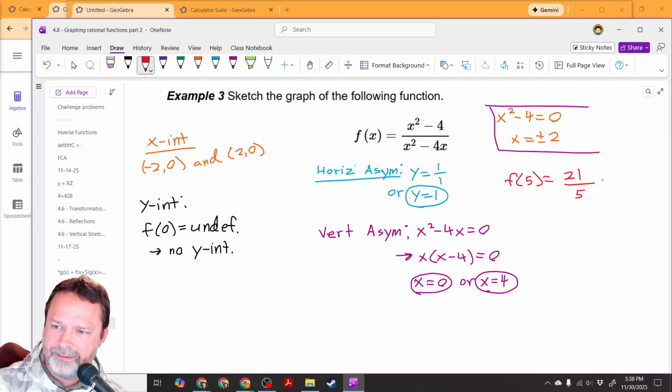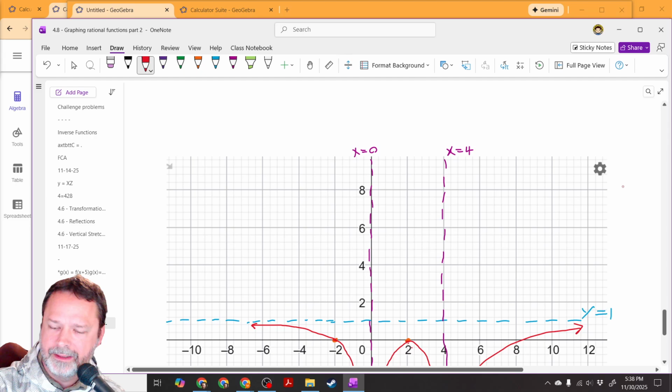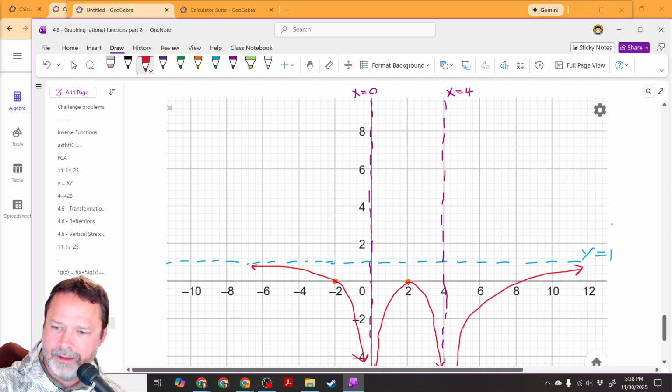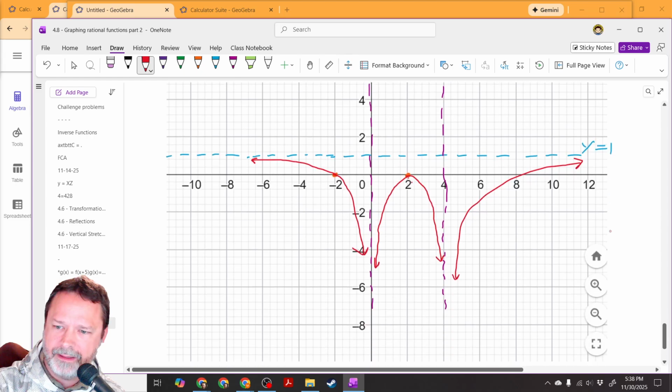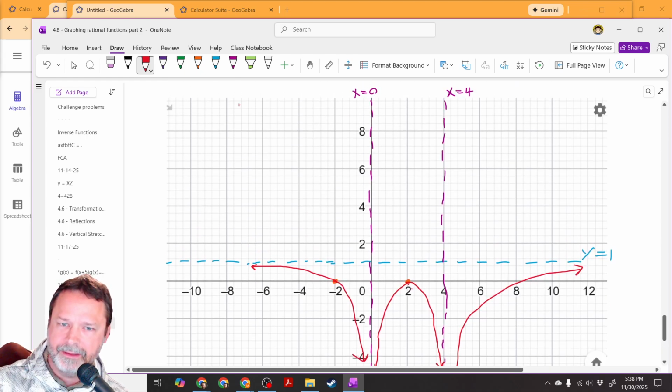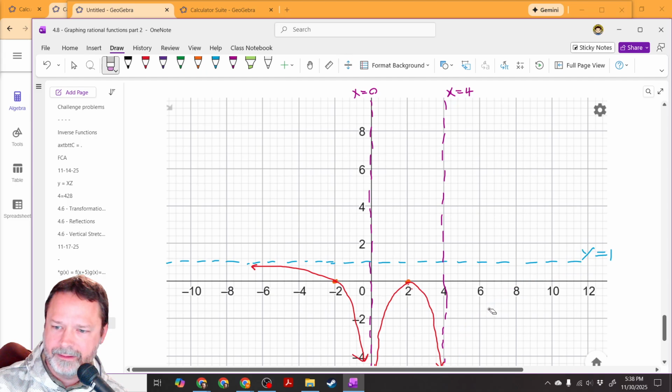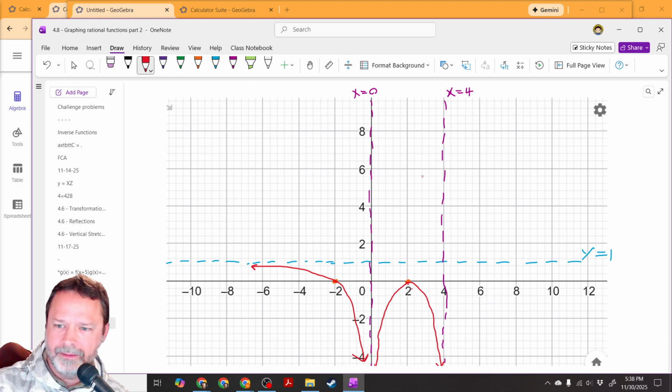Well, that's 5, so that's about 4, it's 4 and a fourth, 4.125. Oh, I get a positive value there. So actually, that is all wrong. f of 5 is about 4, so I get something right about here.